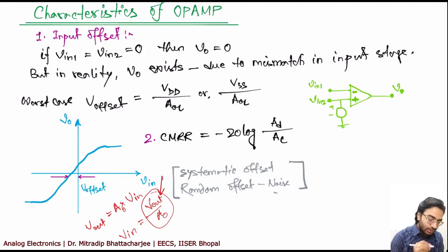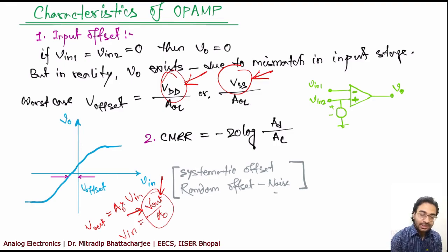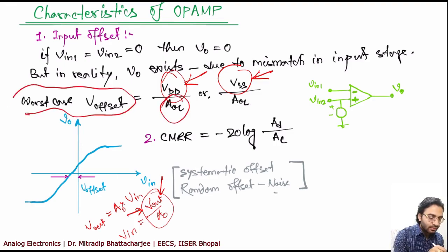Now the maximum possible V out divided by gain will be your worst possible offset. Your maximum output will be VDD or VSS or minus VSS, whatever you say. This is your maximum output. So divided by the gain is your worst case V offset.